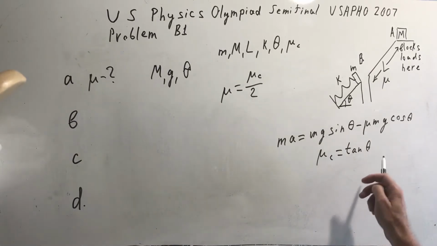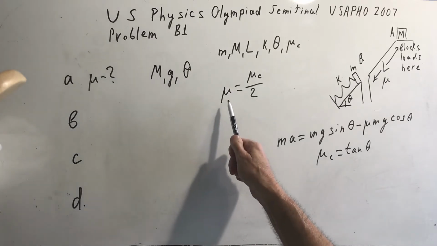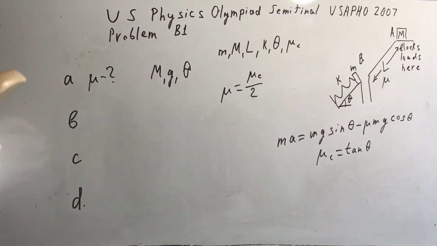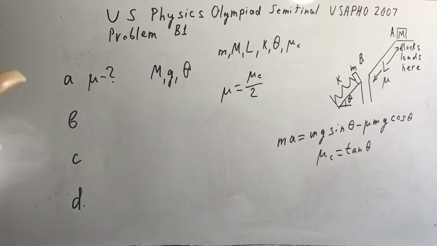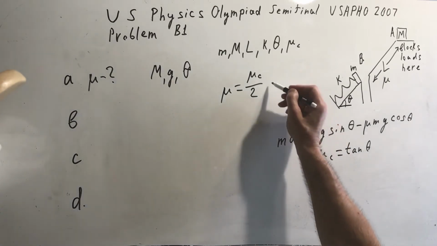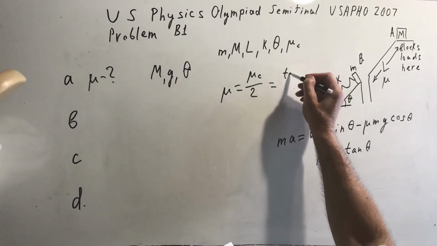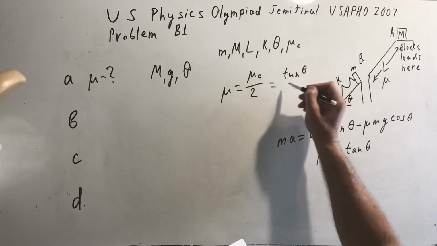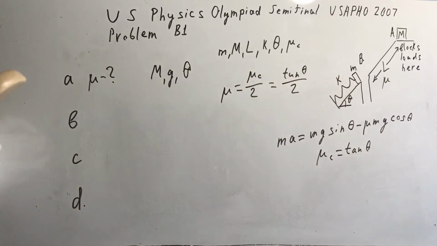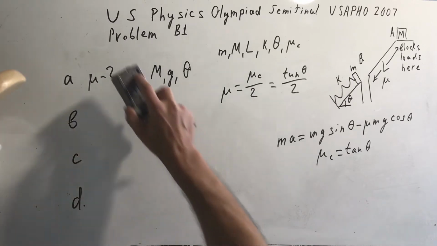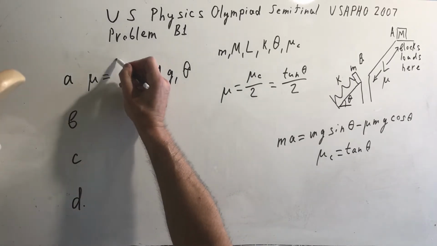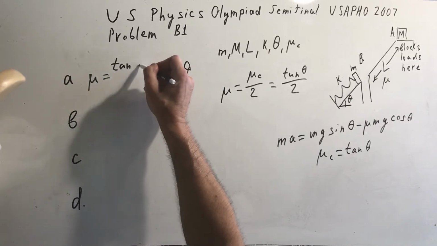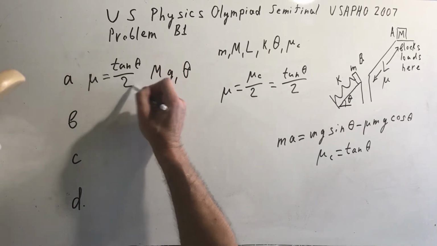So this is what we need, because mu equals mu critical over 2, and to express this through these parameters, we can simply write tangent theta over 2. So this is the answer. Mu equals tangent theta over 2.